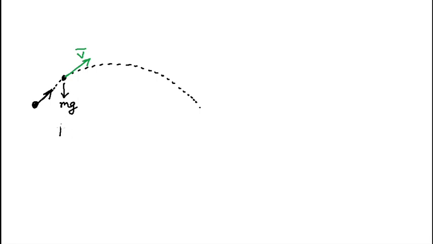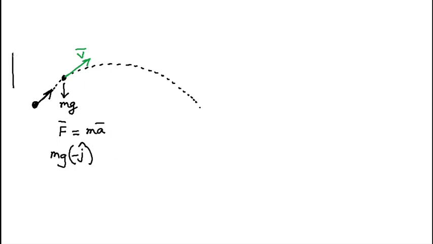Of course, if we do apply Newton's second law, we can even find the magnitude of the acceleration, because F bar is equal to m into a bar. So what I basically get is F bar is m times g times minus j cap, because the weight is in the downward direction.